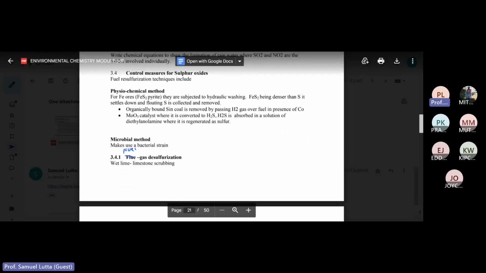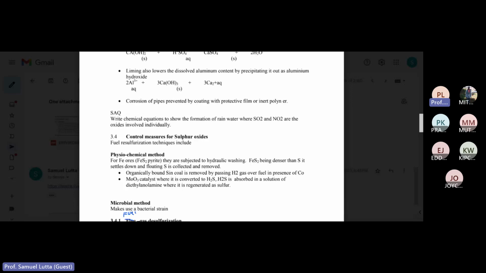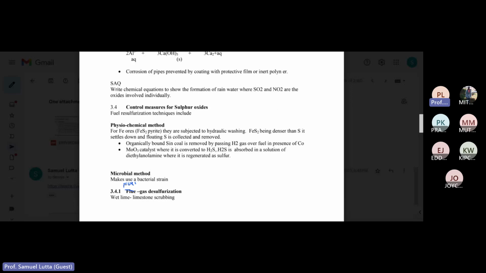Then we have physical chemical methods of determining that. I think there are different methods that can be used. To control sulfur, sorry, I'm jumping around here. We said we use petrols which don't contain sulfur, so you control the amount.